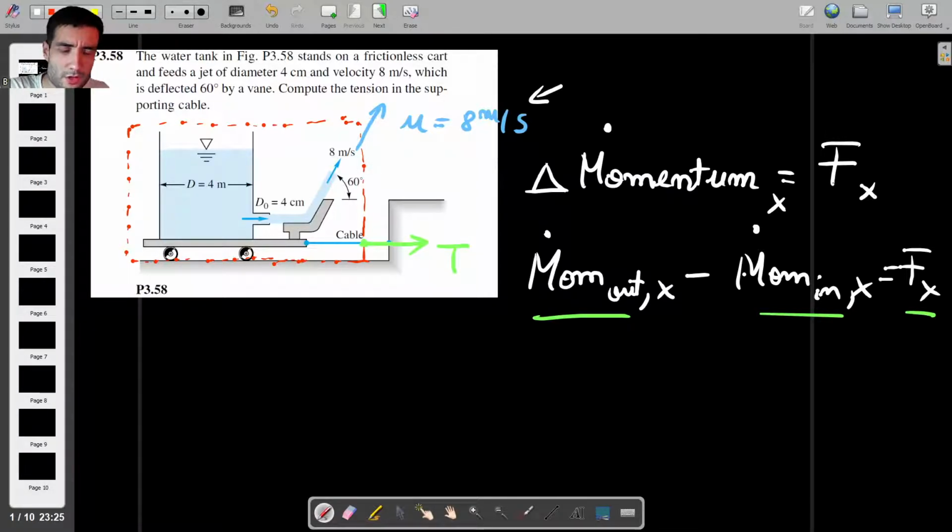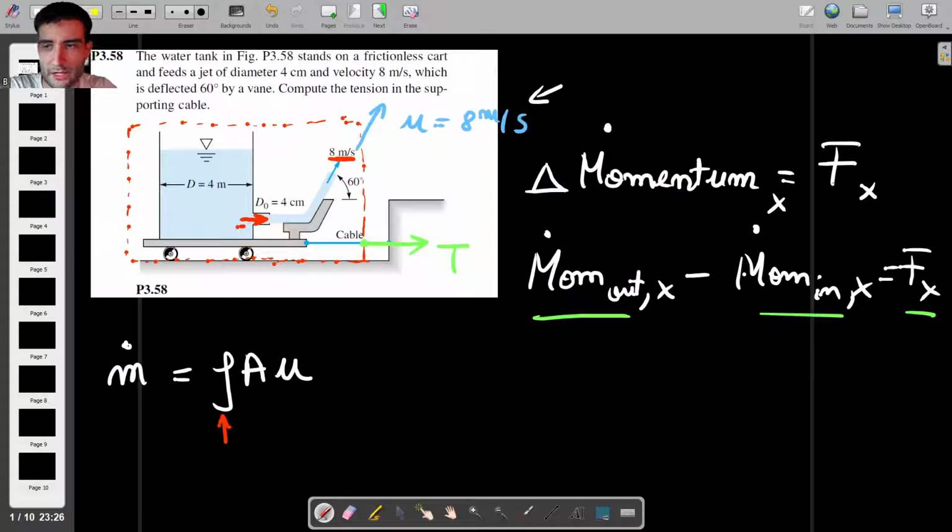So let's try finding out the mass flow rate first. The mass flow rate is given by the usual formula, which is rho A times u. So what I'm doing now is looking at the mass flow rate through this orifice. Because the diameter of that water jet stays constant, and because water is incompressible, in other words the density is constant, it means this velocity of 8 meters per second is the same here where the orifice is located.